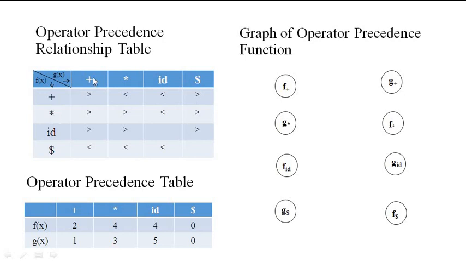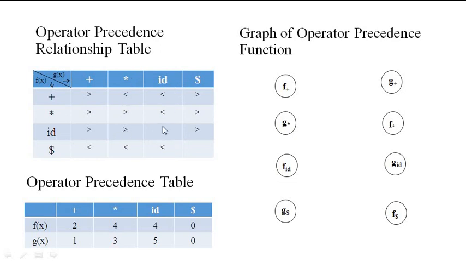Now star and plus, the priority of star is higher. Star star, so the first star is higher. Star ID, ID is higher. Star dollar, star is higher. ID plus, identifier is higher. ID star, ID higher.